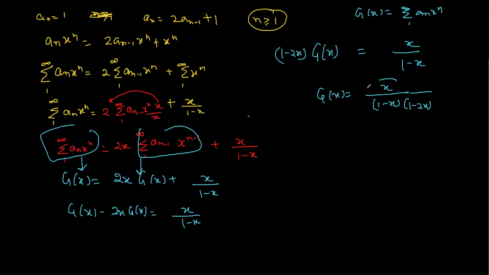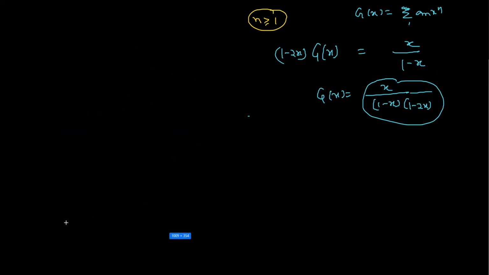Okay. Now we will do partial fraction. You know how to do partial fraction? So you can write what? 1 upon 1 minus x, 1 minus 2x.